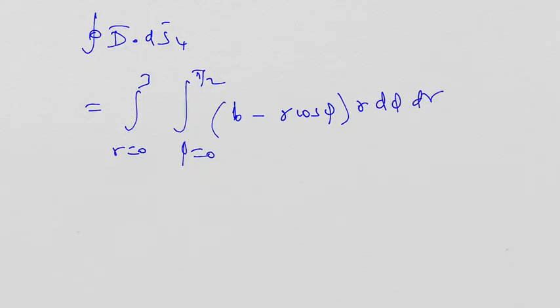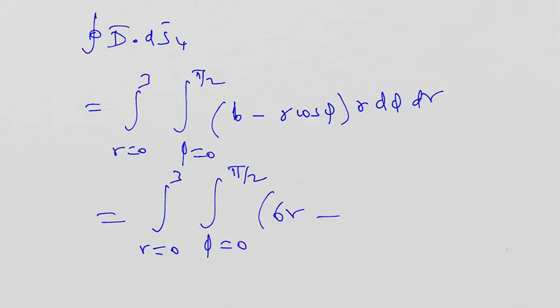Multiply and expand. You can find out that the first integration will be r is equal to 0 to 3, the second integration will be over phi is equal to 0 to pi by 2, 6r minus r squared cos phi, d phi dr. Evaluate this.